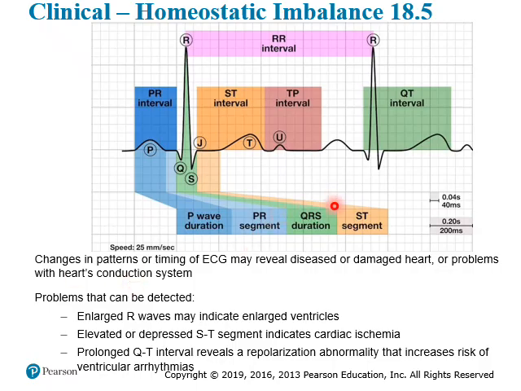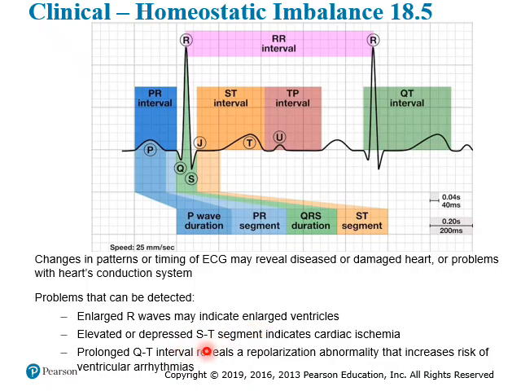So right here is actually one of the homeostatic imbalances. There may be changes in pattern or timing of the EKG that would reveal a diseased or damaged heart, because your EKG waves are supposed to be normal. Problems such as an enlarged, wide R may indicate an enlarged ventricle, and it's not supposed to be.